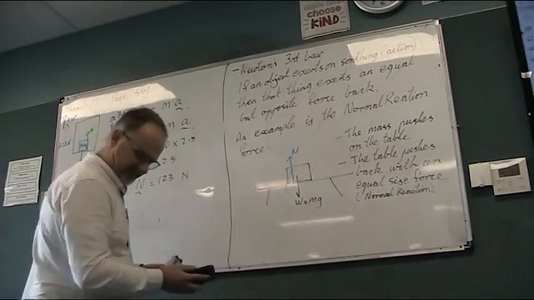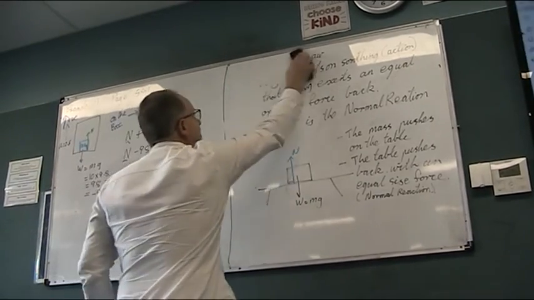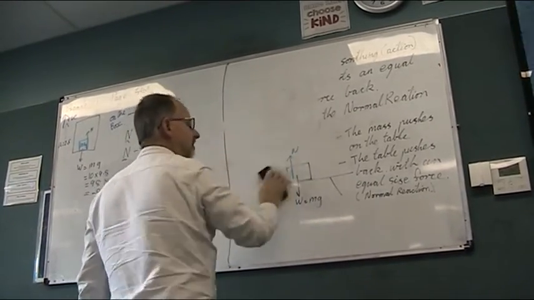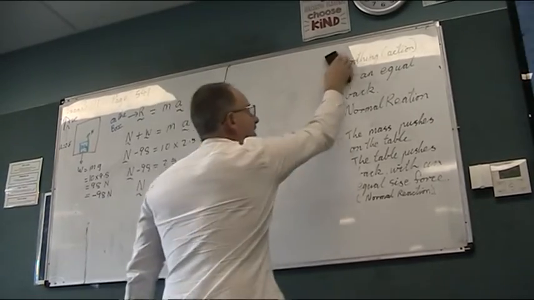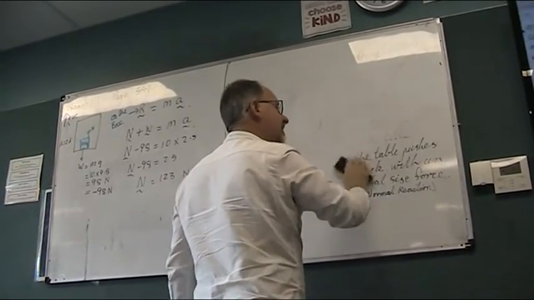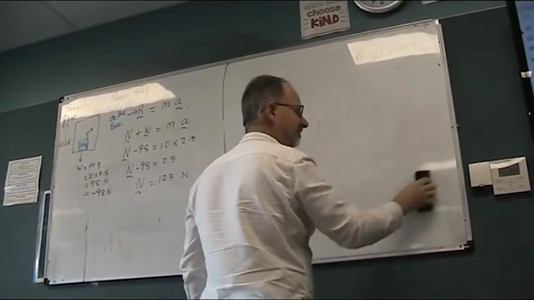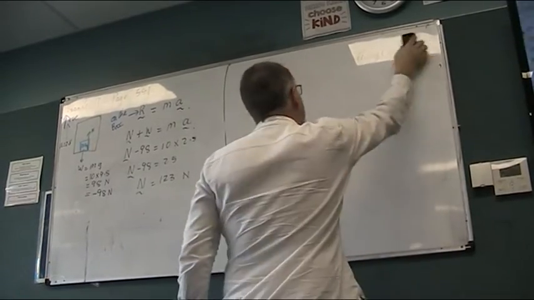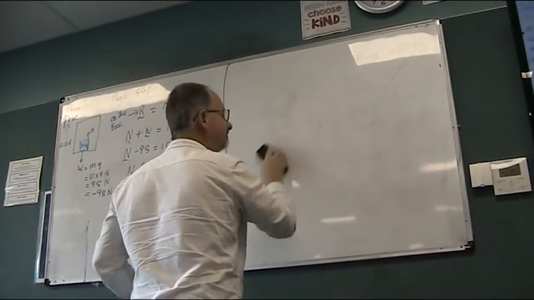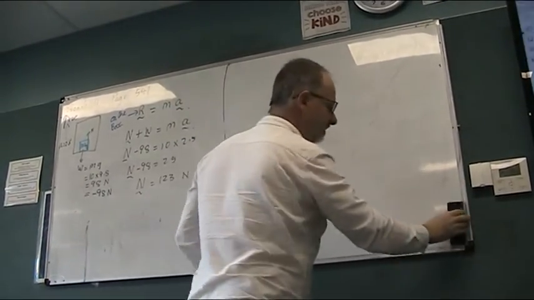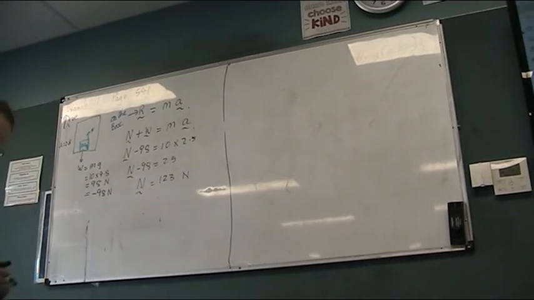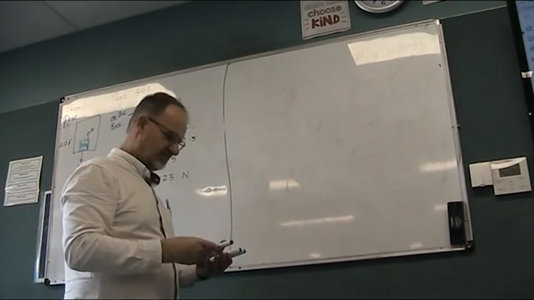All right, last bit, friction. Friction can be quite complicated, depending on what sort of friction you're talking about. However, one of the things that friction depends on is the object and the surface.